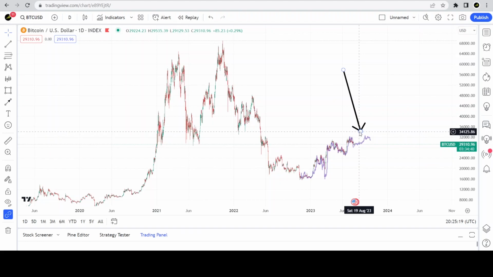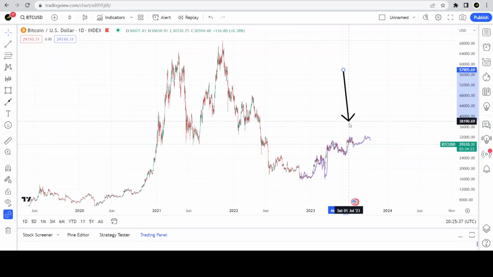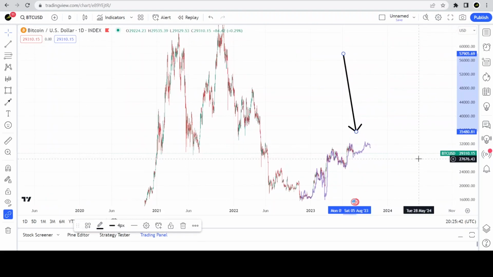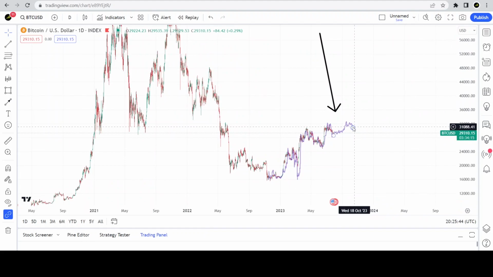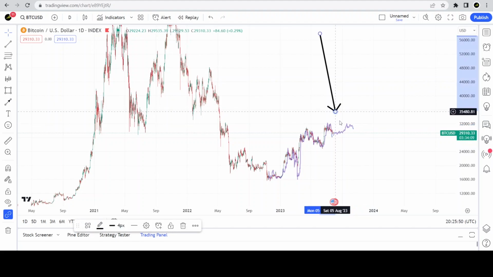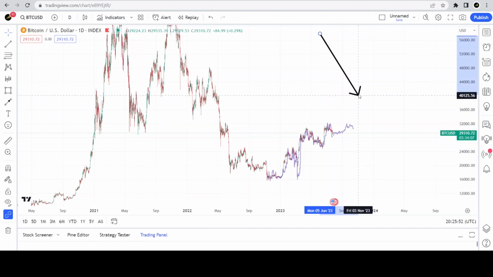There is nothing to indicate that this time is different. I know there's some TA out there that is suggesting that we could see a massive push up right here. With Bitcoin, I don't want to rule it out, but if history is a guide, I would expect some more kind of struggling like we see here to take place before you get that move up, and then just expect a pullback when that does take place.